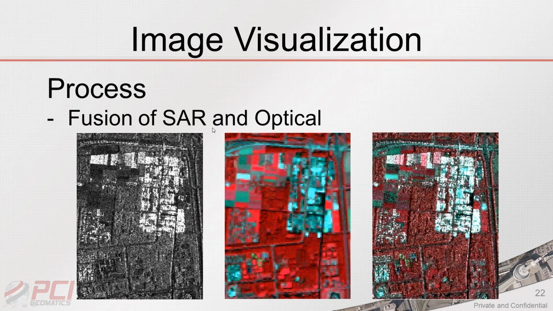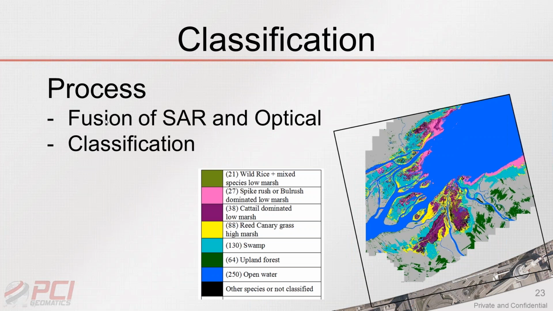And this is done using a fusion process with SAR and optical imagery. This just shows an example of the kind of result you would expect. Fusing SAR and optical imagery together can also improve classification results, as it gives you more information about texture as well as spectral information from the optical imagery.